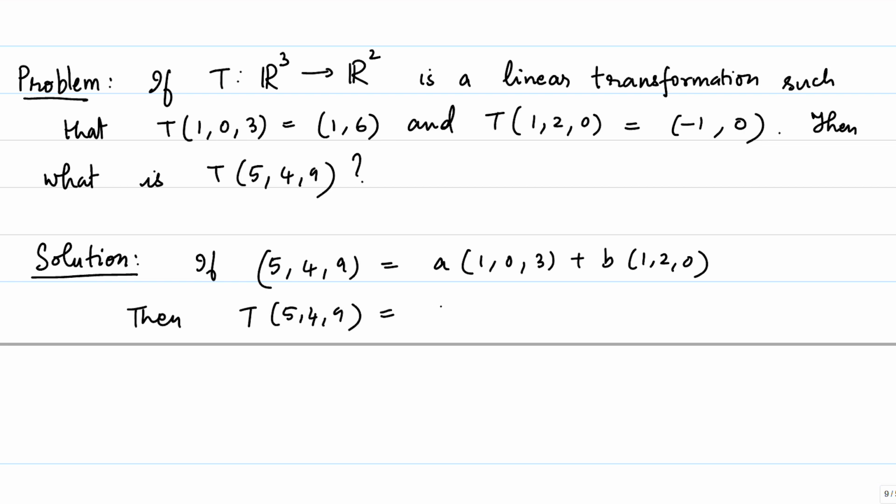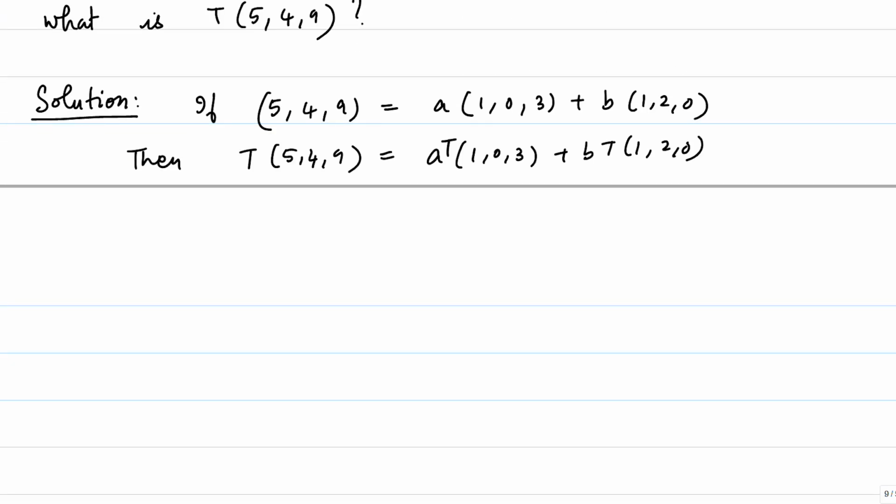T of 549 will just turn out to be equal to A times T of 103 plus B times T of 120. Both of these values we know, and therefore let's see what is A and B.